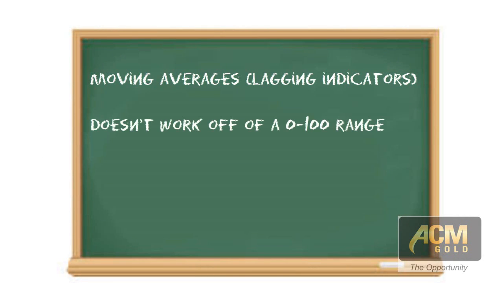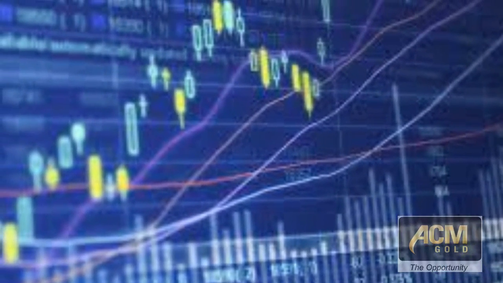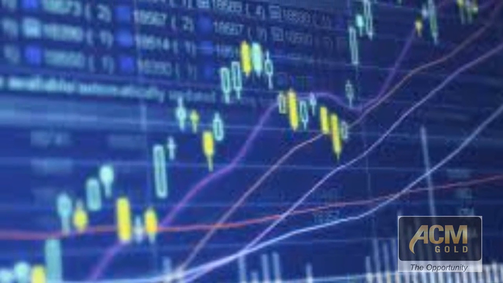It doesn't work off a percentage range of 0 to 100%, but rather its moving oscillations are plotted on a centered plot line up to infinity. MACD works on all chart time frames like all other indicators. The only difference is the length of time it takes to form the triggers and moves. Nonetheless, you need to start studying all these through live market observation.